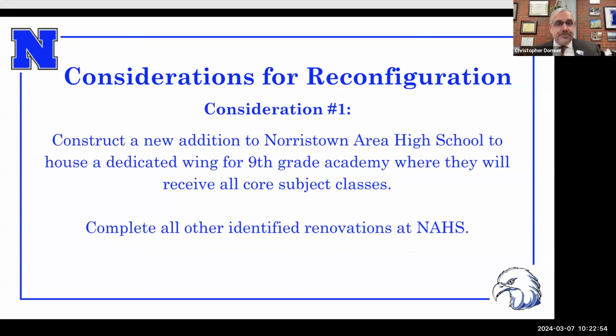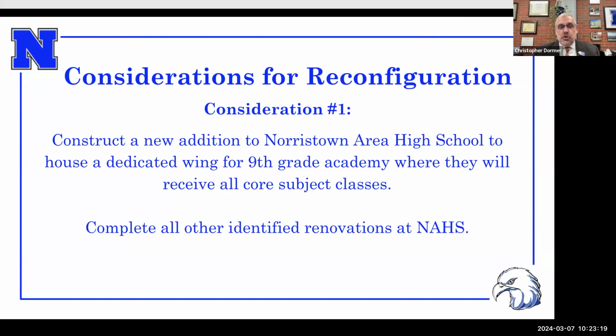Consideration number 1, to construct a new addition onto the Norristown Area High School that would house a dedicated wing for a 9th grade academy where the 9th grade students would receive all core subject classes. We would also complete all other identified renovations at Norristown Area High School. Building an addition would relieve the large population we have out there with extra space.